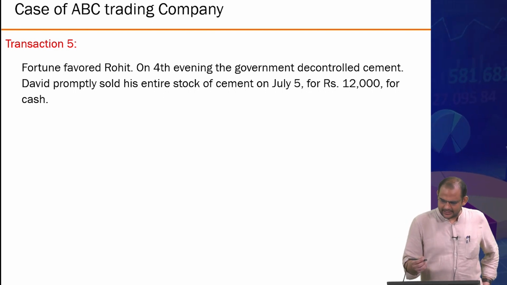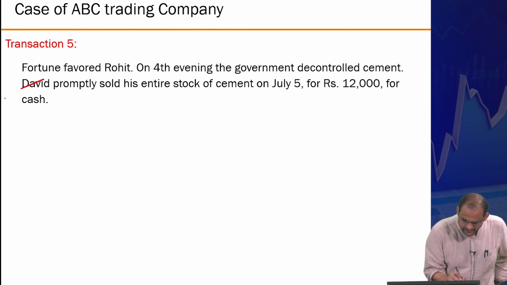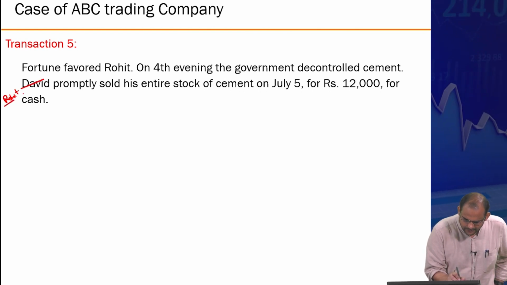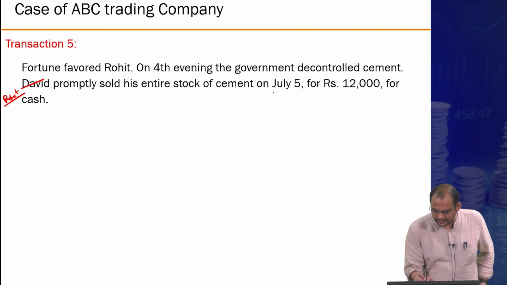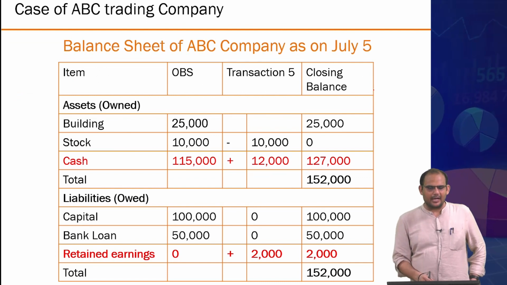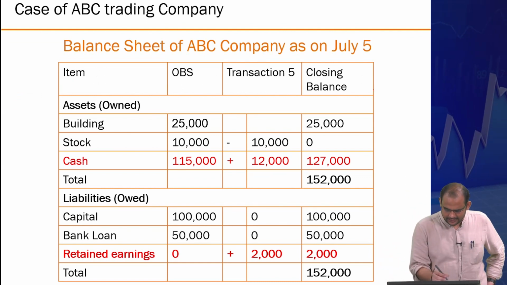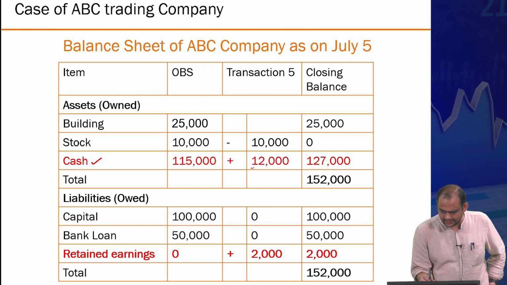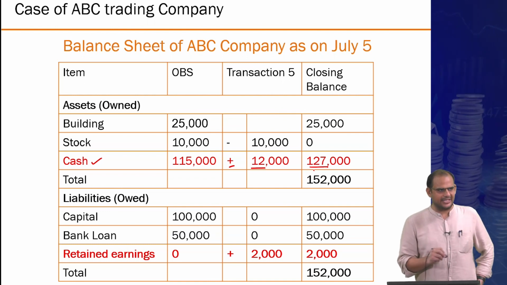So we were looking at this particular transaction where Rohit had sold the stock of cement that he had bought at 10,000 rupees, and then sold at 12,000 rupees. We were looking at how it would affect the balance sheet of the company. Naturally there was a cash transaction, so there's an increment of cash of 12,000 rupees. The total cash now is 127,000.